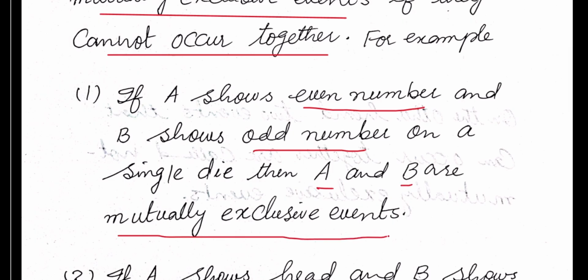Because when you throw a single die, either it will be an even number or it will be an odd number. It is not possible that both can occur together. So in this case, the occurrence of even and odd number shows mutually exclusive events.